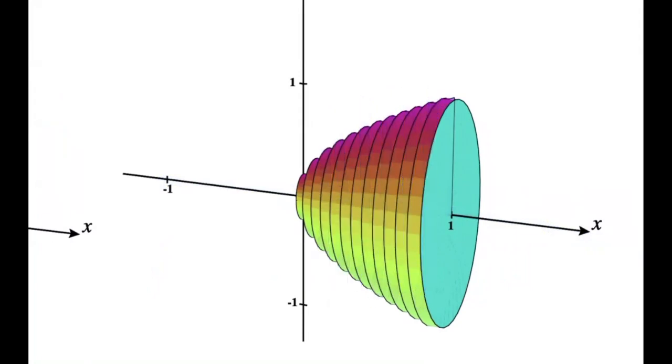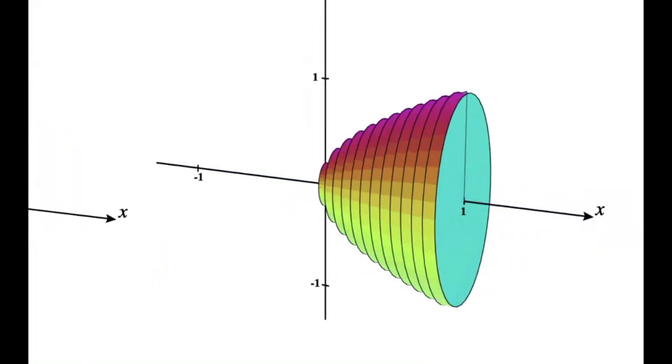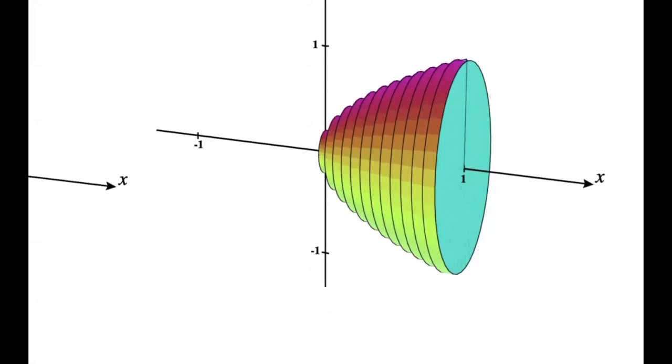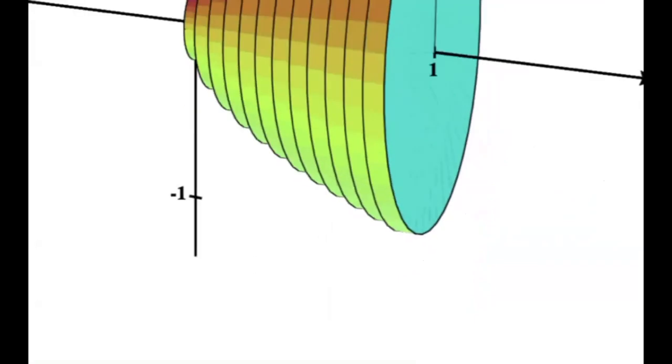Pretty much, yeah. And notice how each slice is approximated by a cylinder. All of these are just really skinny cylinders, discs you could say. Now, if you take a small slice of this solid at some point x, the thickness of that slice is going to be delta x.